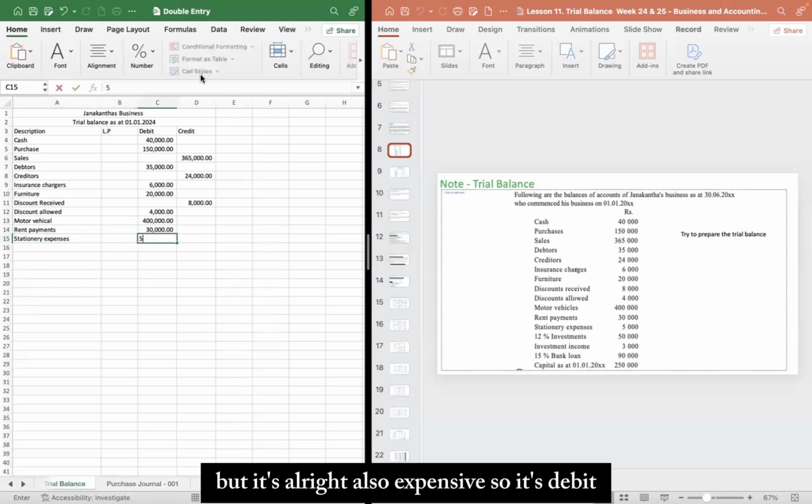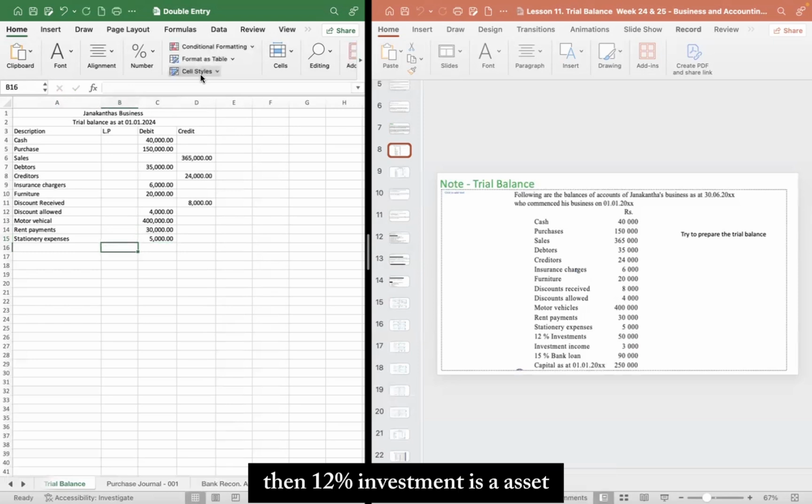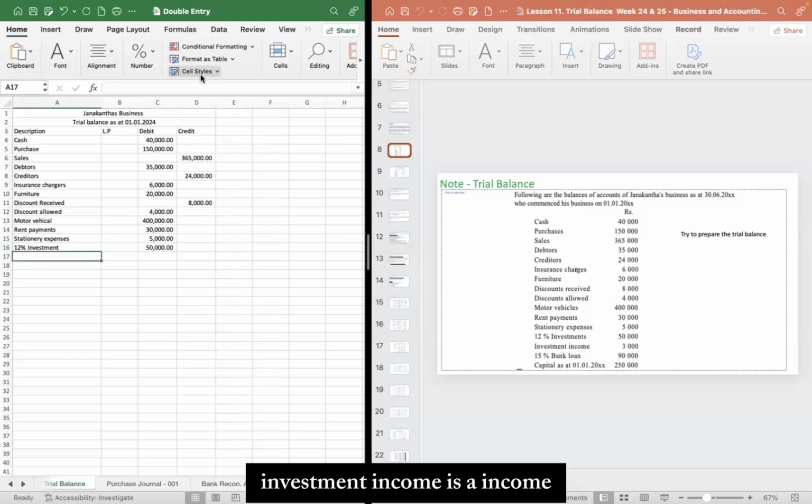That is also an expense, so it's debit. Then 12% investment is an asset. Investment income is an income.